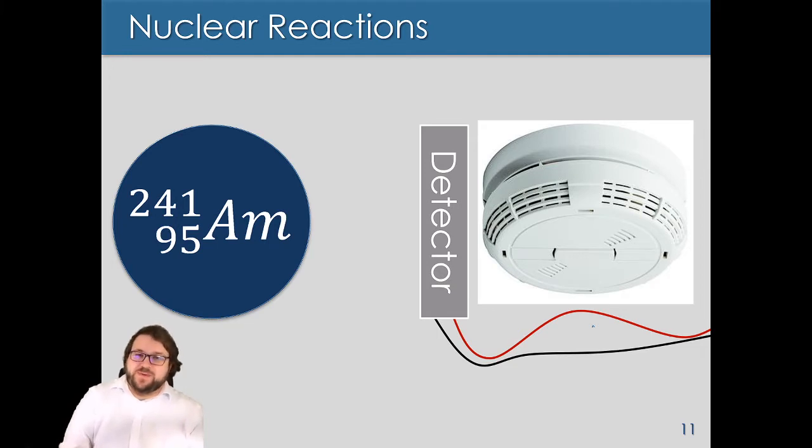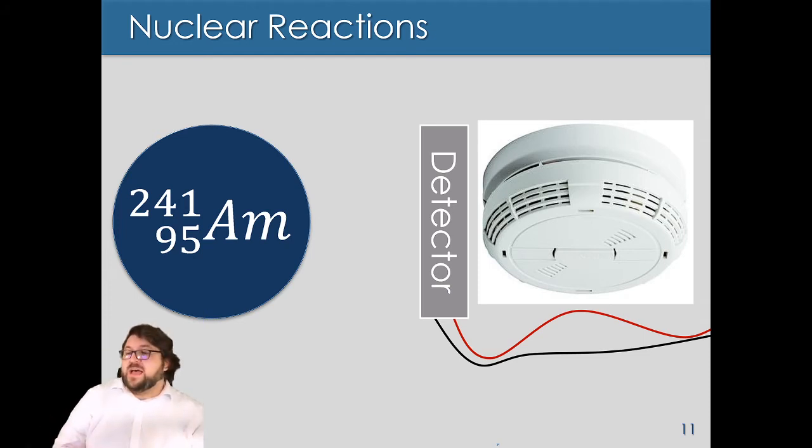Americium was so named because the Americans and the Russians were racing to discover it, and the Americans really wanted to rub it in. But here we've got americium with 95 protons. So that's what defines americium as an atom there. It's a nucleus with 95 protons. And what does that mean? It has 146 neutrons in it.